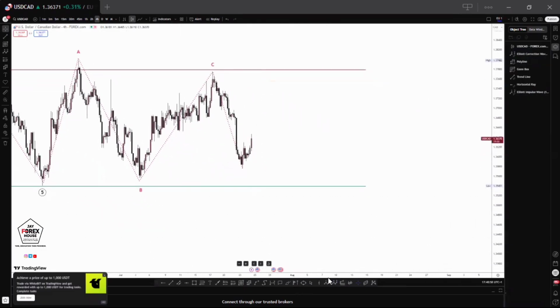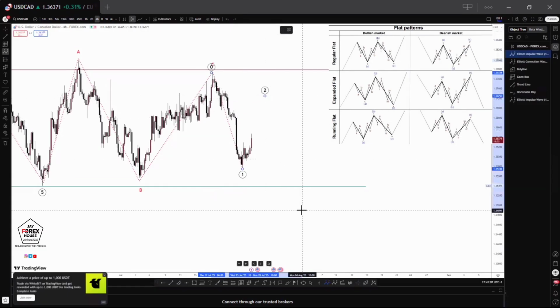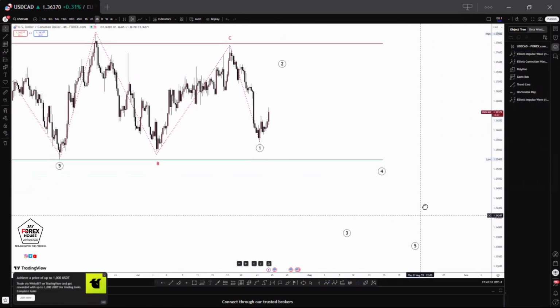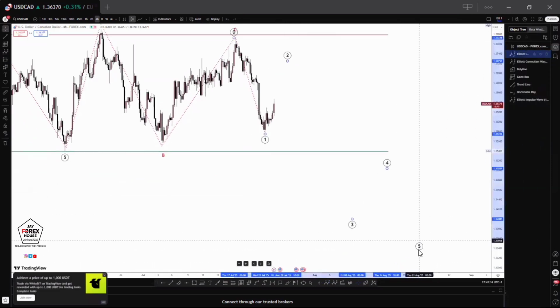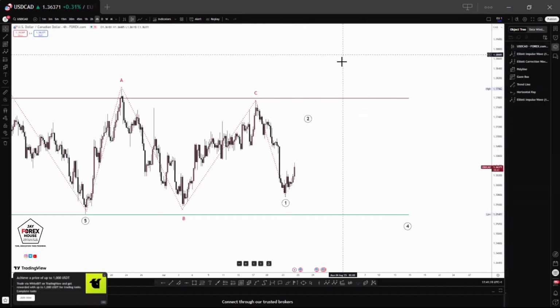Let's put it this way. This would be wave 1, and then we'll expect something like wave 2, maybe 3, 4, then 5. Obviously, you're going to be using Fibonacci to calculate that if you were doing that. But I'm focused on just this area because that's what we're trying to predict, right?